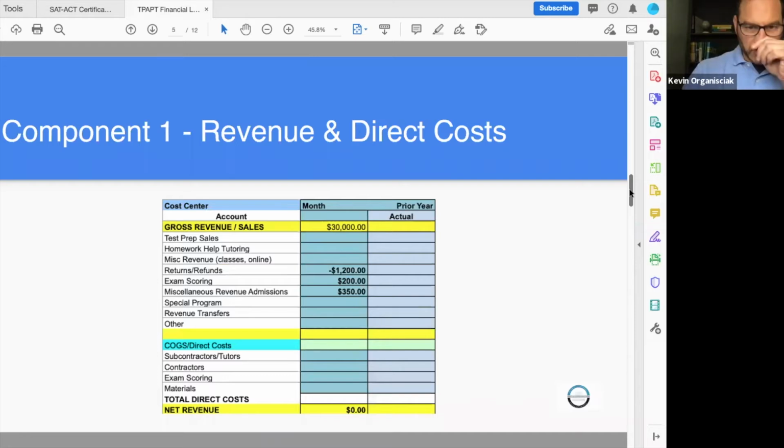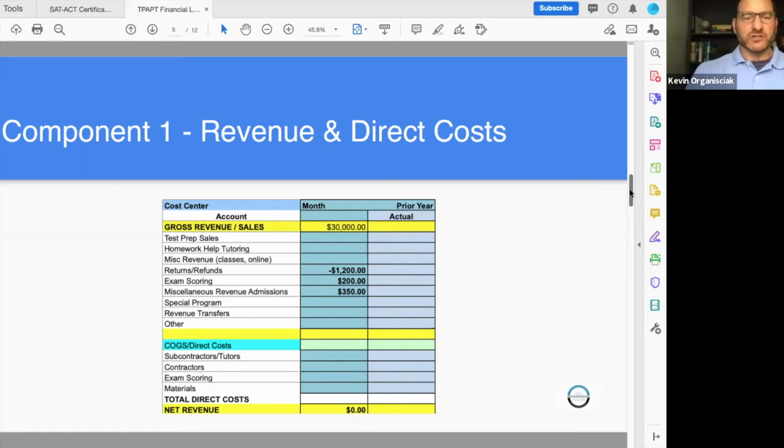Okay, so we're going to drill down a little bit now. That first area, revenue and direct costs, is what that top third of the P&L looks like. You have your sales, and in this example, there are test prep sales, homework help tutoring, and miscellaneous revenue, which in this case covers classes and online.